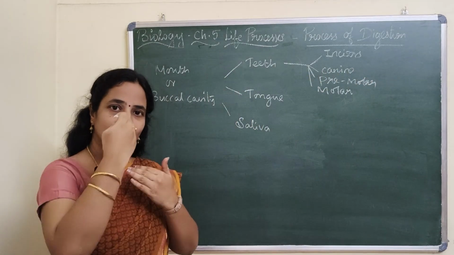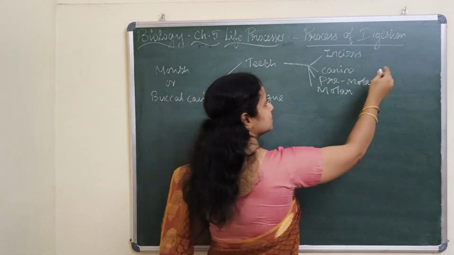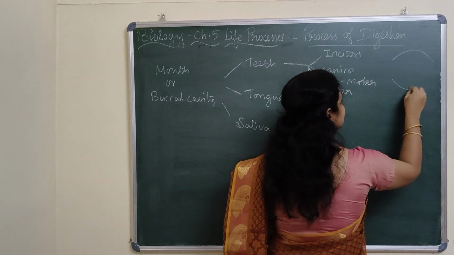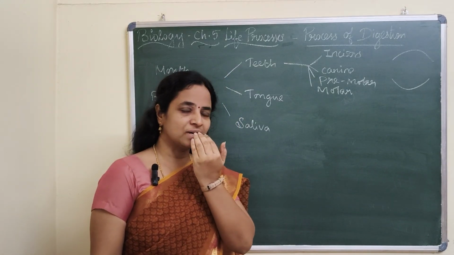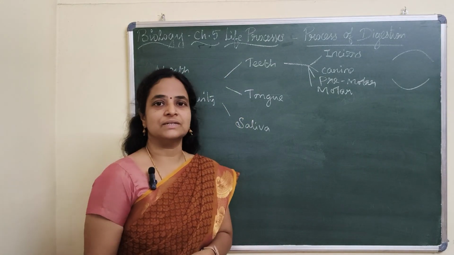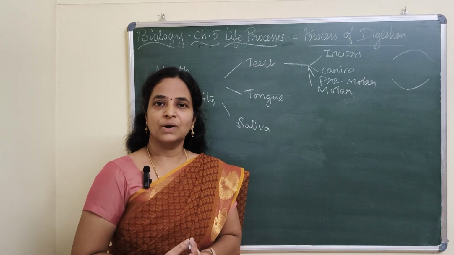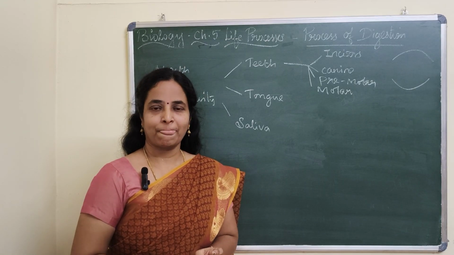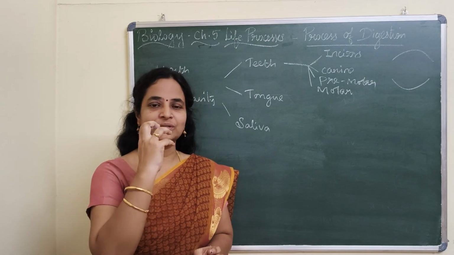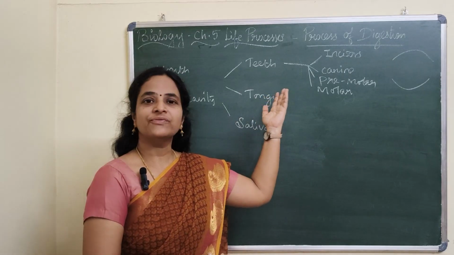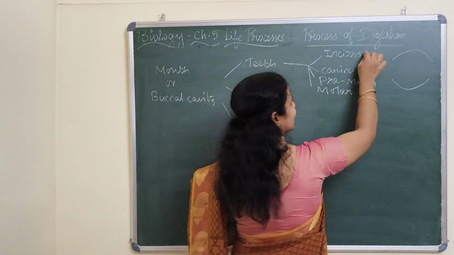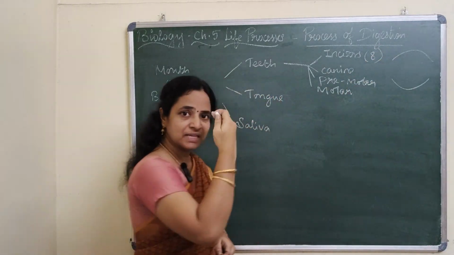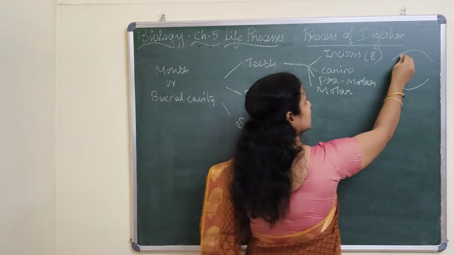When you take the lower jaw and the upper jaw, you can find the front four broad teeth called the incisors. If I give you an apple, how do you eat an apple? We bite an apple. That bite is because of the incisors arranged in the front. Totally we have 8 incisors, 4 in the upper jaw and 4 in the lower jaw.